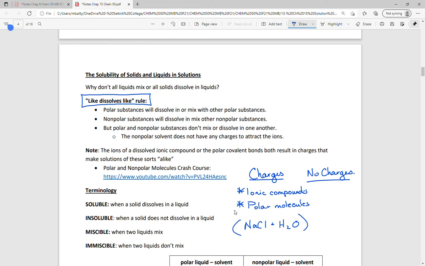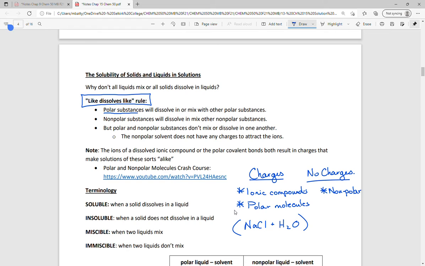That's an example of those two. So in the world of no charges, anything that is non-polar is all that will dissolve in a non-polar solvent. So like it said in the notes, most of our solvents will be water. So here we go with this.